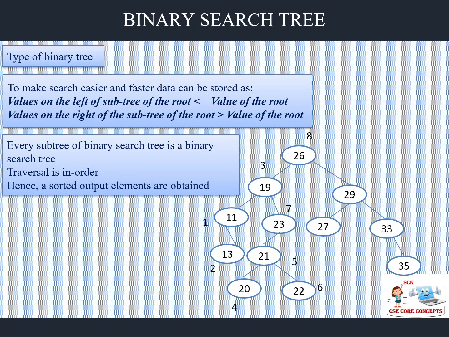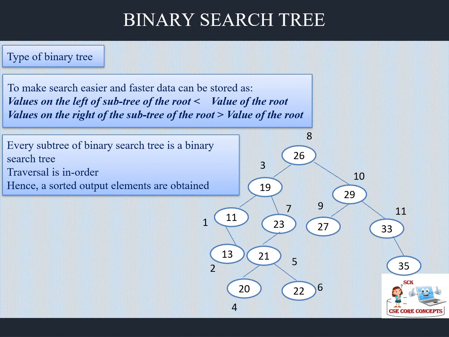Now the left side of the tree is traversed. The root node of the tree is traversed. Now come to the right hand side. Now in the right hand side you have 29. 29 has a left branch. So that will be traversed first, that is 27. Then comes the root element 29. Then go to the right side of the root, that is 33.